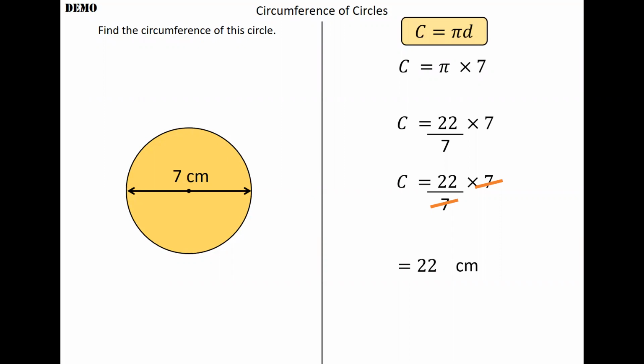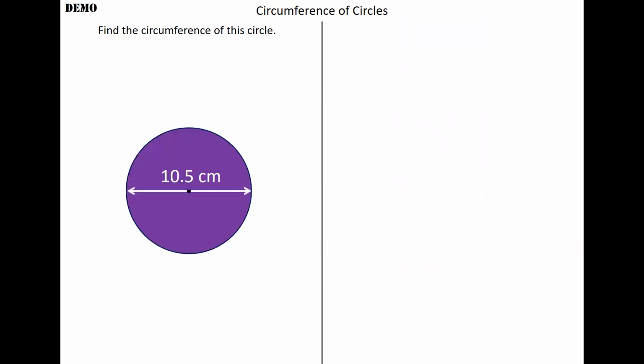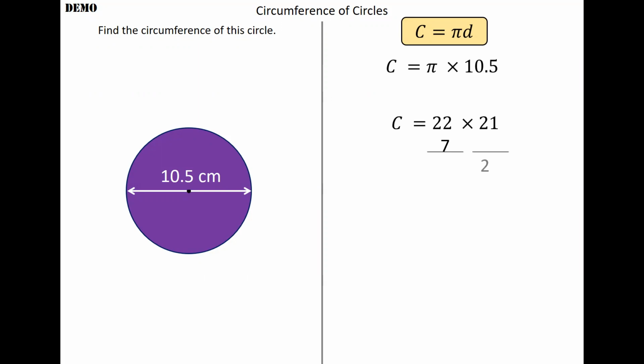And then we move on to 10.5. The diameter is 10.5. So if you get a decimal figure, try to convert this decimal figure into an improper fraction so that your division and multiplication would be easier. So take the answer like this: C equals pi d. So circumference equals pi multiplied by 10.5.